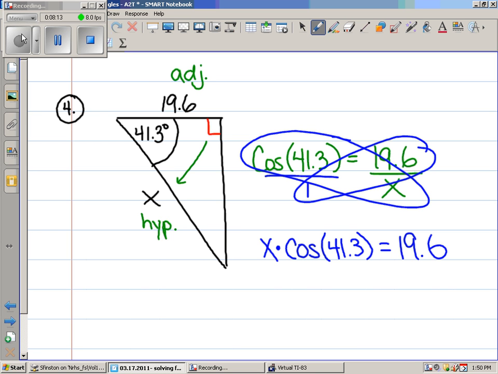But just like our log chapter, some people literally divided the word log on each side and nothing more, and then they crossed out log. It doesn't work like that. You can't just divide by the word cosine. You got to divide by cosine 41.3.